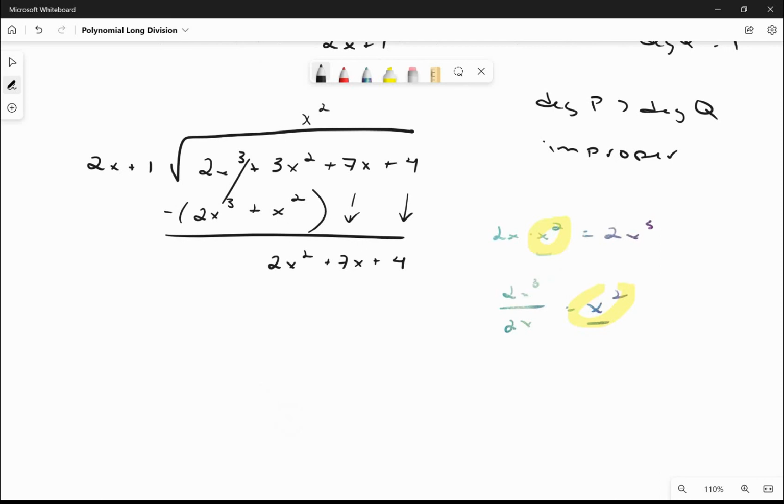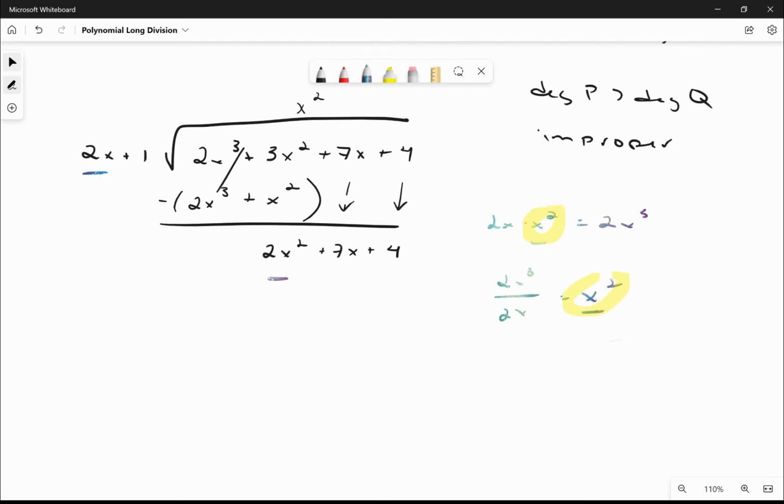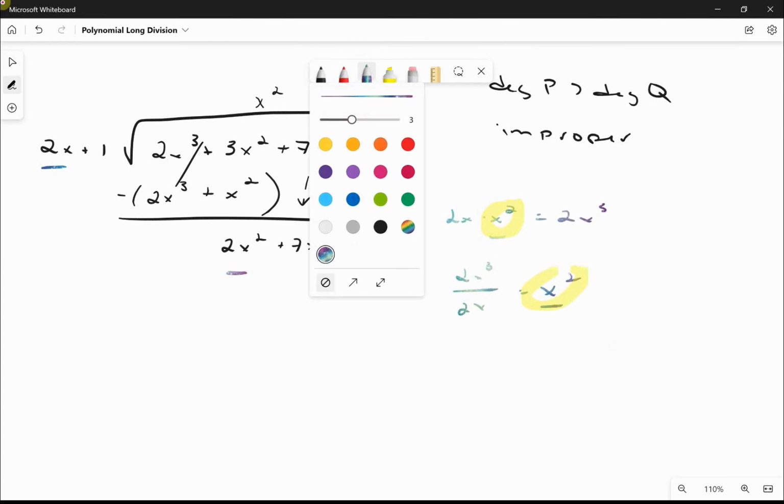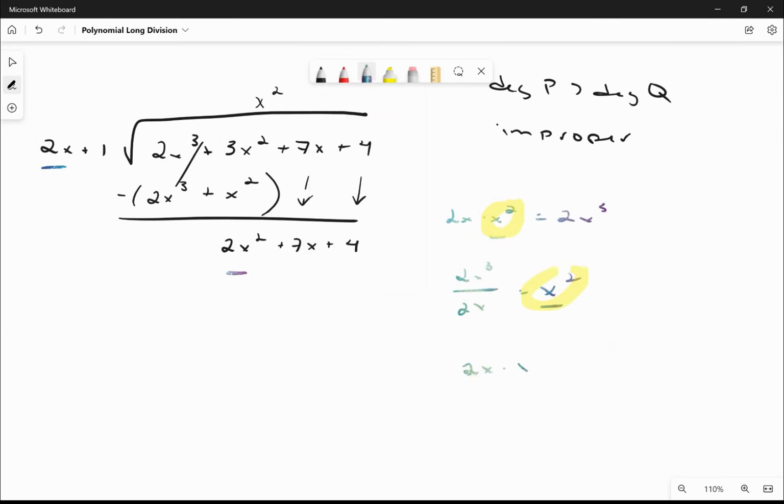And then we're going to repeat this whole cycle again. We treat this new line, 2x squared plus 7x plus 4, as our new dividend. So we look at the leading term of the divisor and the leading term of the dividend and say, how many times does 2x go into 2x squared? 2x times x gives you 2x squared.